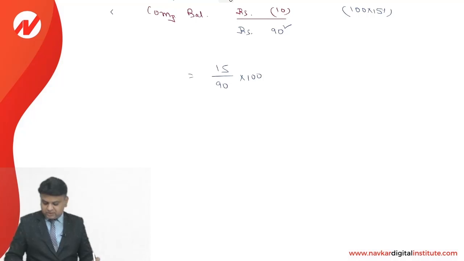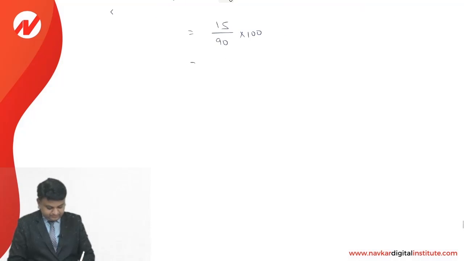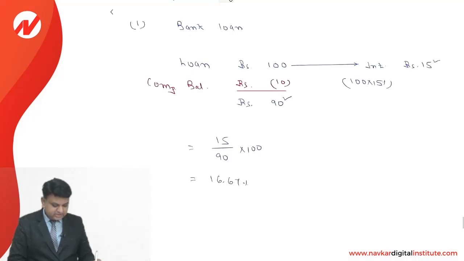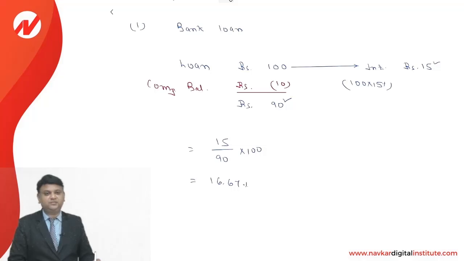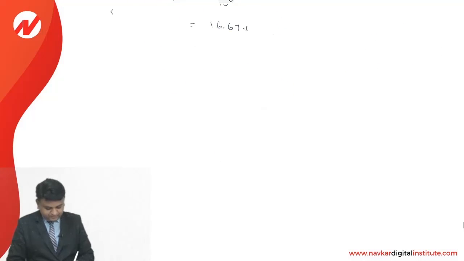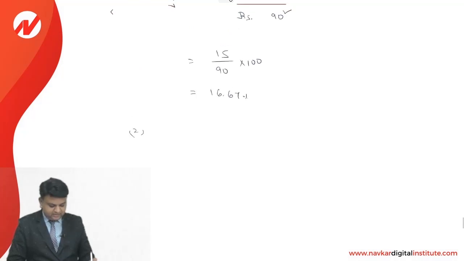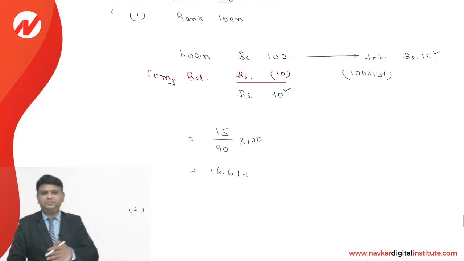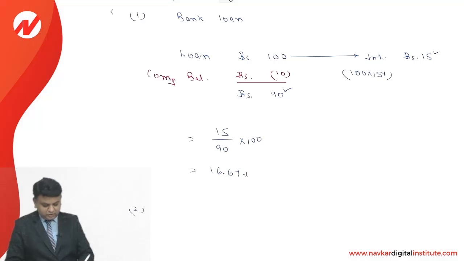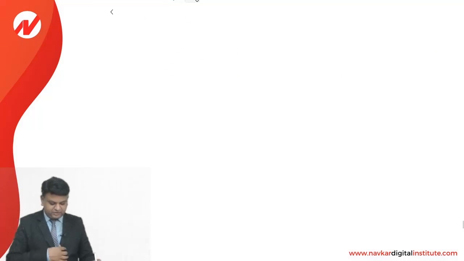So effectively your cost is 16.67. This is the way we compute the cost of the bank loan, the first alternative. Second, we have been provided with some information, but before we proceed to the second one, let us complete the answer for the first.